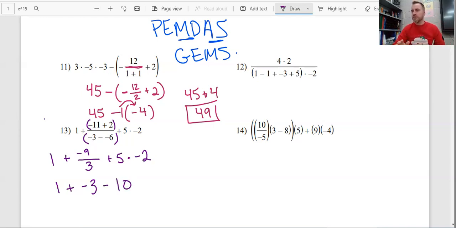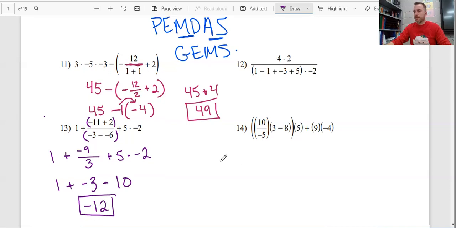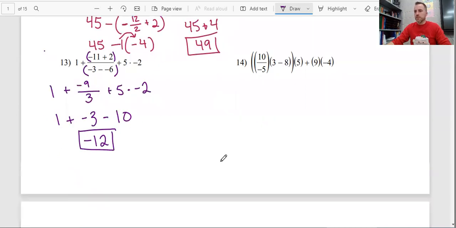Now I only have addition and subtraction left, so I'm going to go all the way to the left. 1 plus negative 3, that's the same as 1 minus 3, is negative 2, minus 10, negative 12. So that is order of operations, dealing with only numbers.